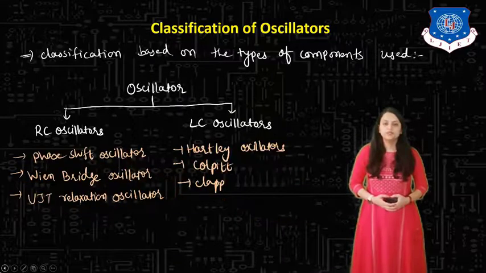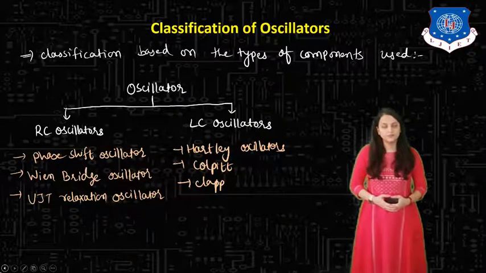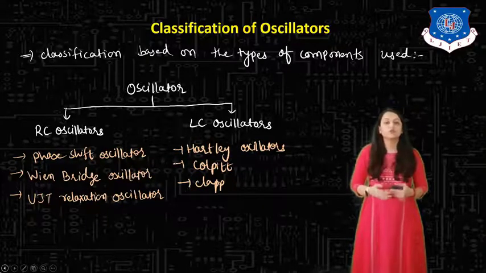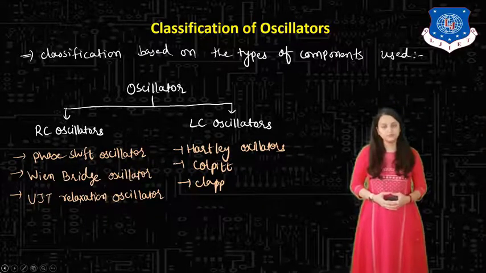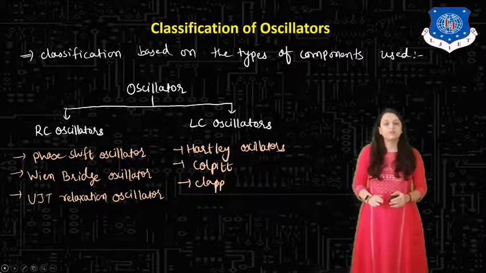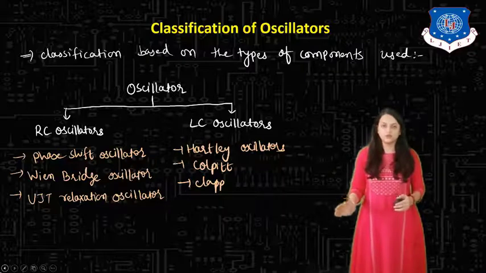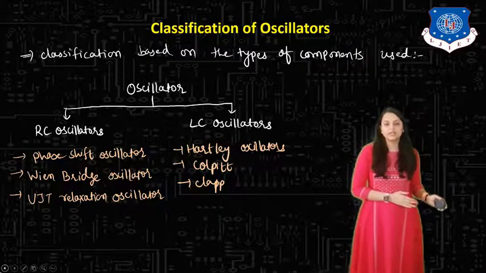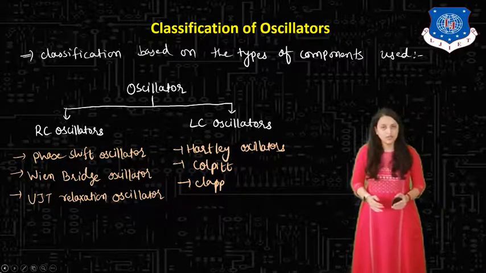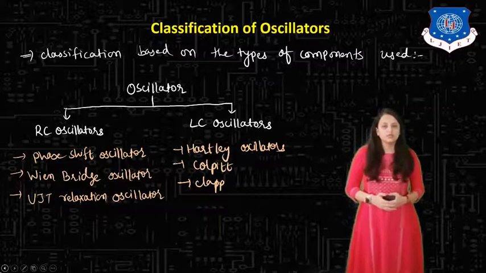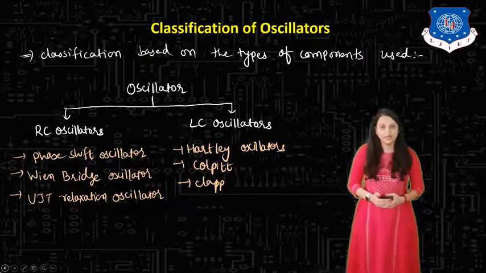Now, let us see the next classification. The next classification is based on the types of components used. That means irrespective of what output waveform we are getting, we are concentrating on what components are being used, and based on that we are doing the classification. Based on the components used, we can classify the oscillators into two categories.